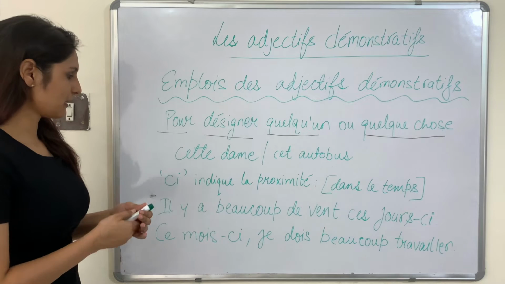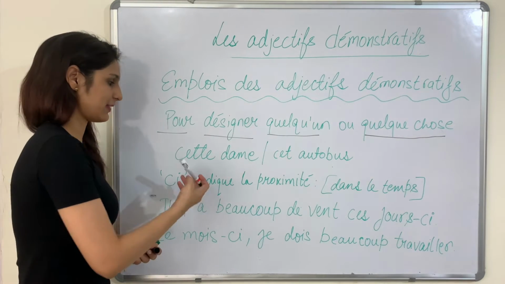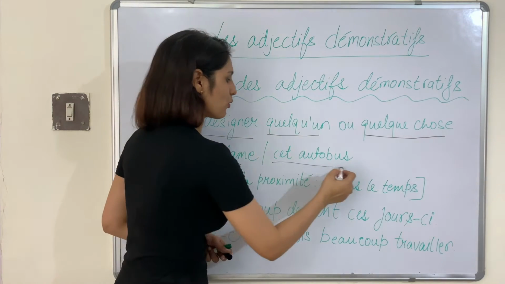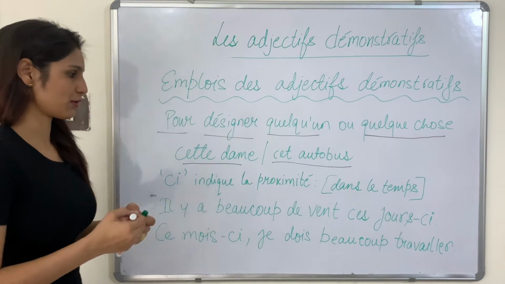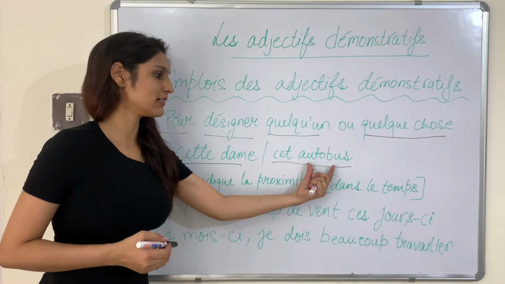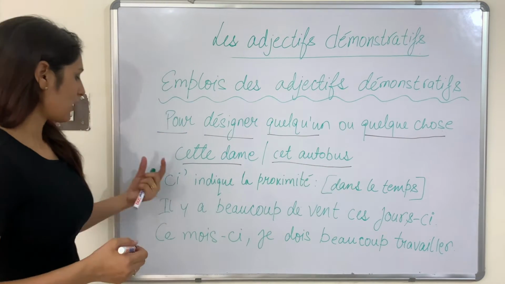Now, for example, cette dame, this lady, cet autobus, this autobus. This is a feminine word. This is a vowel-starting masculine word. Okay.